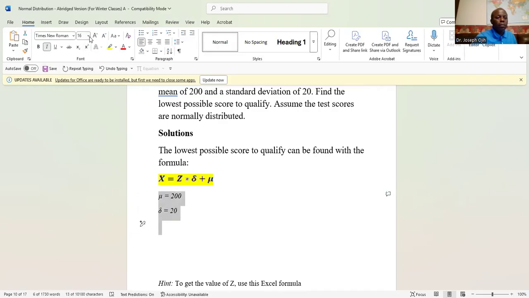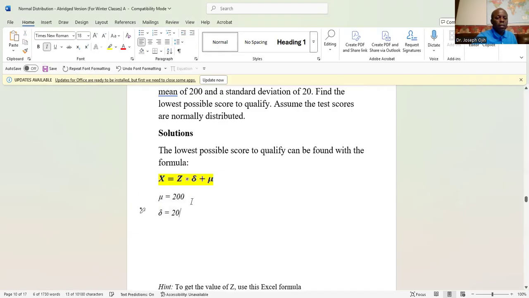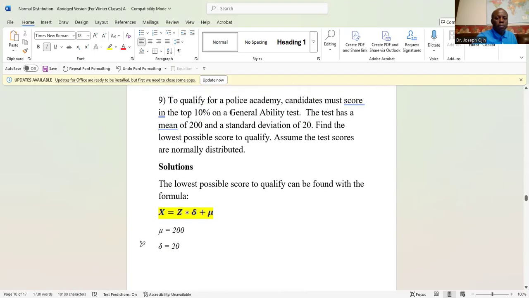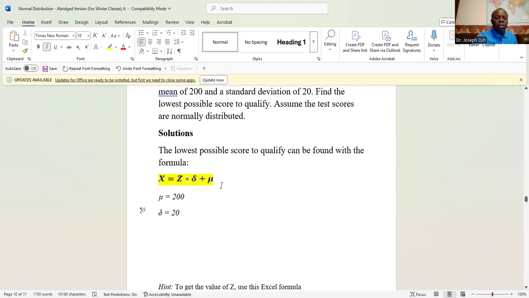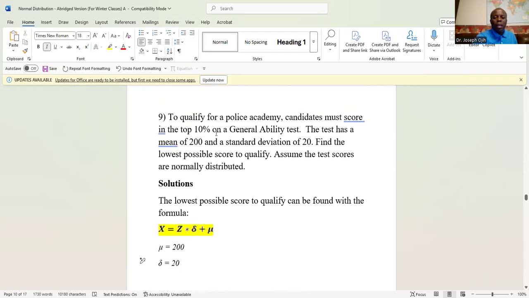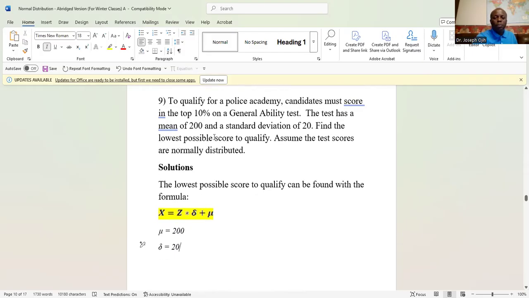Then the area I was given says the top 10%.